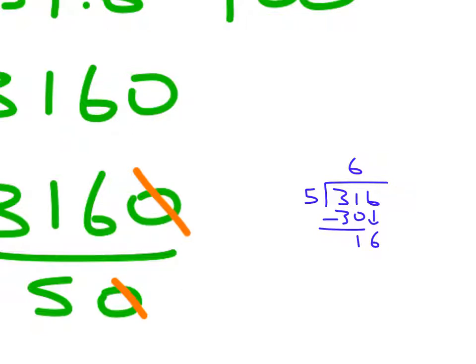Bring down the 6. 5 goes into 16 3 times, that's 15. We're left with a 1. We can annex a 0 here after putting the decimal. 5 goes into 10 2 times. 5 times 2 is 10. Leaving the 0, and then so you have this as an answer.